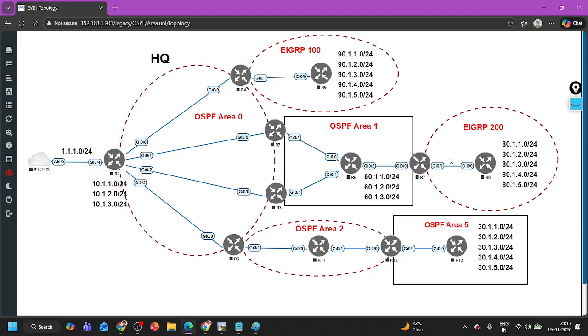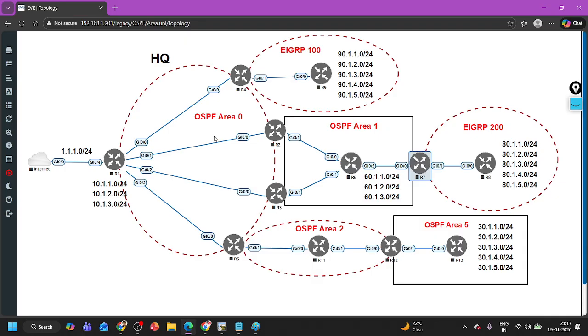Router number 7 is going to generate NSSA LSA, that is LSA 7, and advertise it to router 6, router 6 will advertise to router 2, router 3. What about a standard area? Can we have LSA 7 in a standard area also? No guys, you will not find LSA 7 in a standard area.